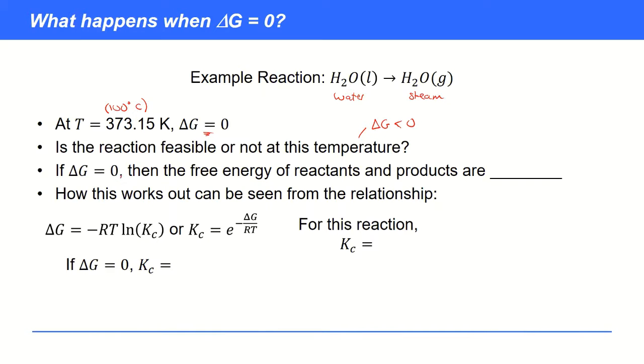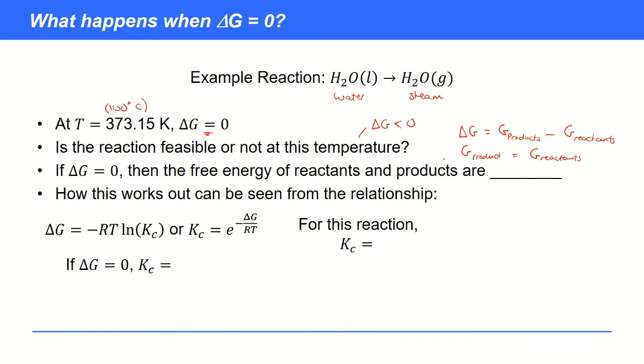Now, if delta G is equal to 0, then one other way of writing delta G is to think of delta G as equal to the free energy of the products minus the free energy of the reactants. And with that definition, what we can see is if this is equal to 0, then what we're basically saying is that G of the products is equal to the free energy of the reactants.